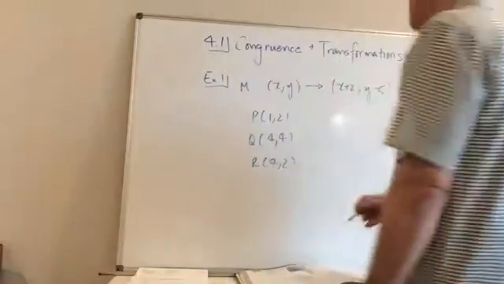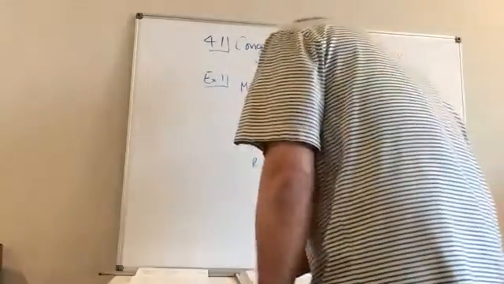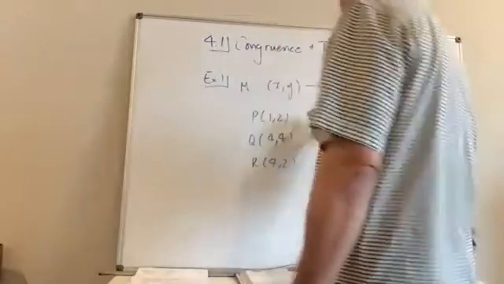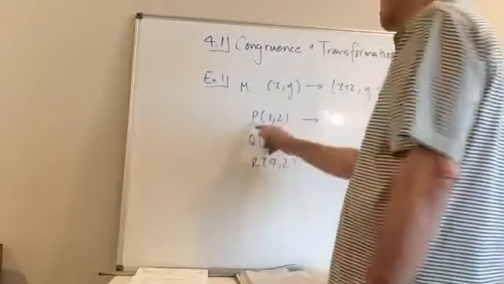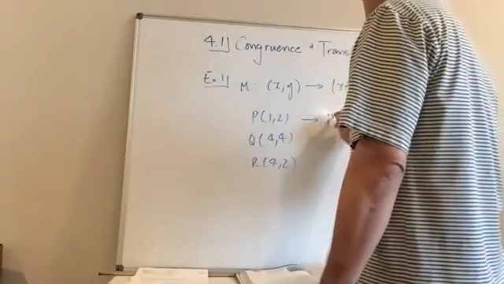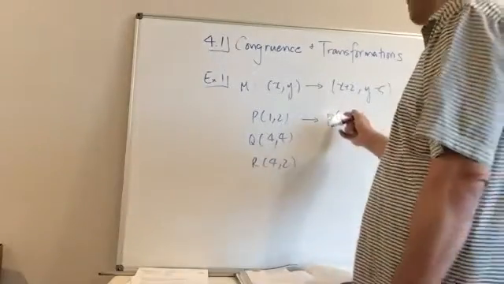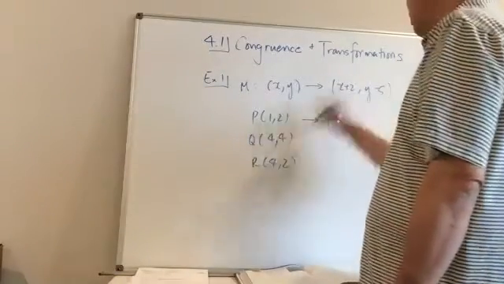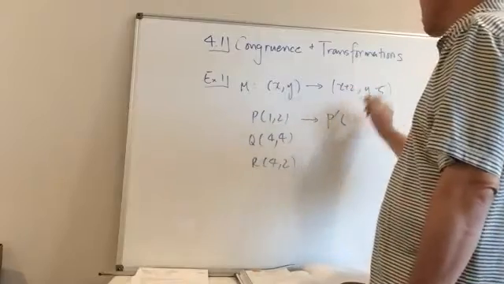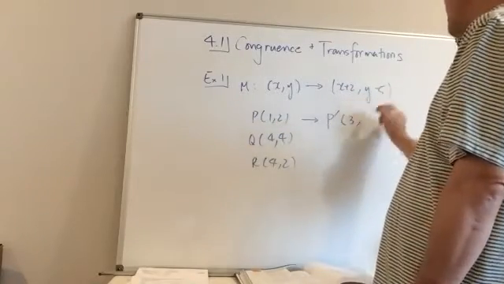So making the transformation is pretty simple. The only thing I want to point out here is that when I transform P and move it, we call the new point P prime, P dash, okay? So we're going to have 1, and we put 1 plus 2, so it's going to be 3. 2, 2 minus 5 is negative 3.